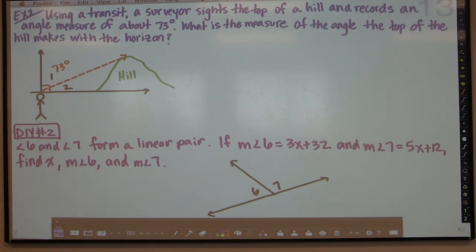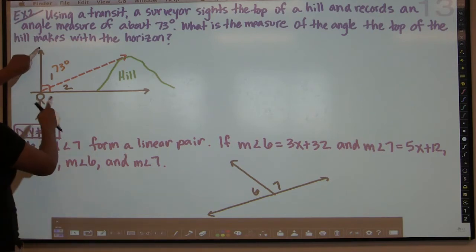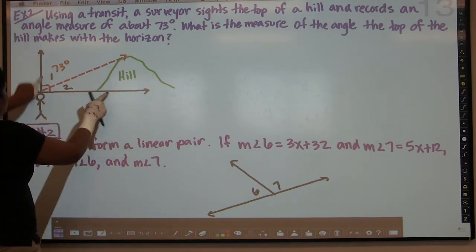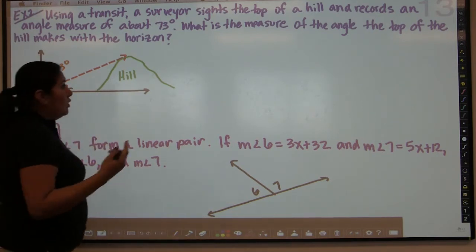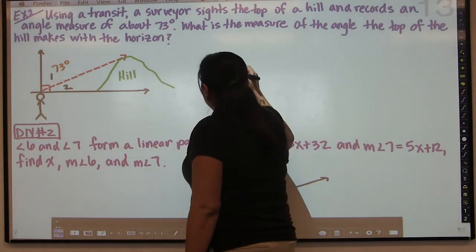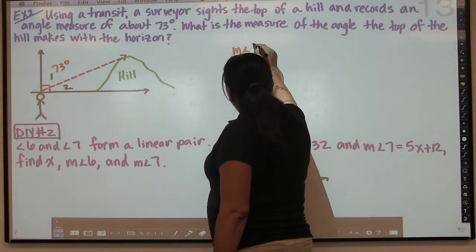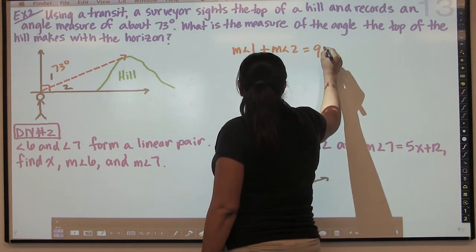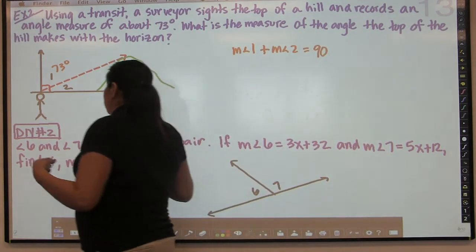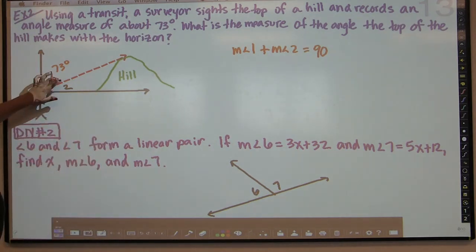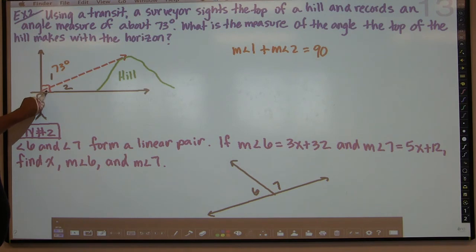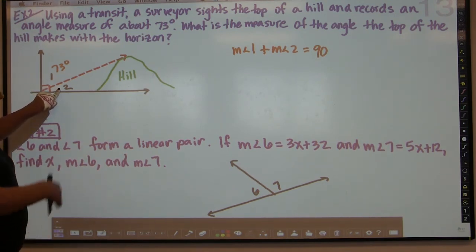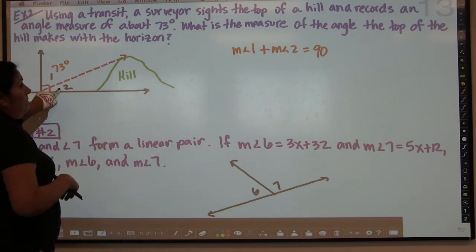So this time we have these two segments that are actually adding up to 90. According to the complement theorem, the measurement of angle 1 plus the measurement of angle 2 should equal 90, because if the two non-common sides of these two angles make a 90-degree angle, which they do, then these two angles are complementary, hence they add up to 90.